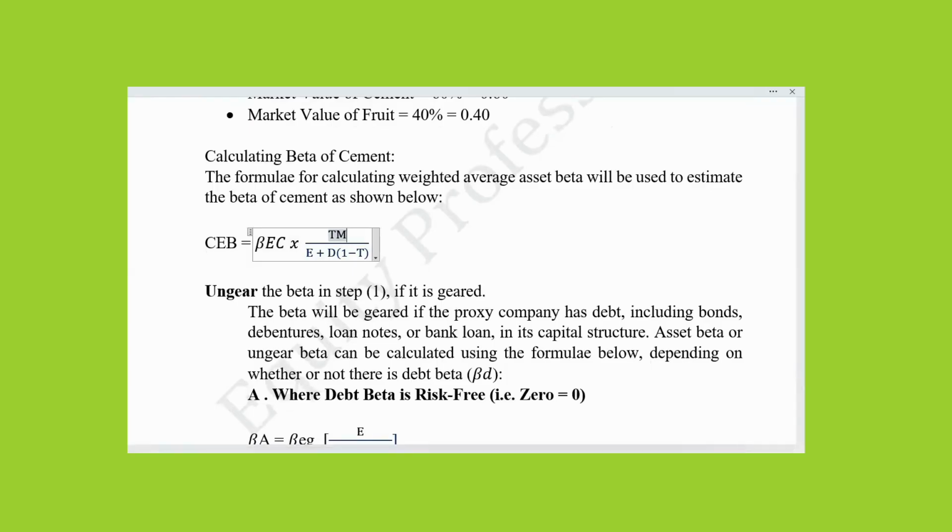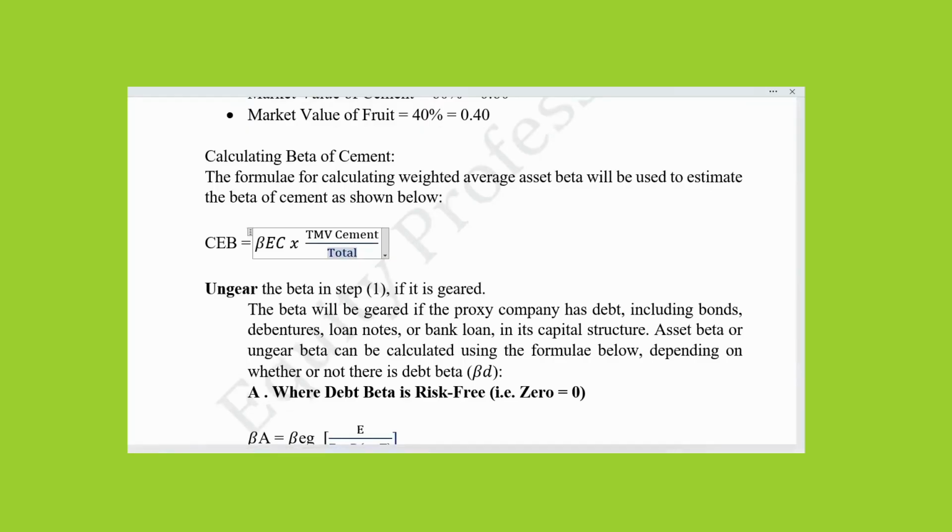So total market value of cement divided by total market value of cement and fruits.